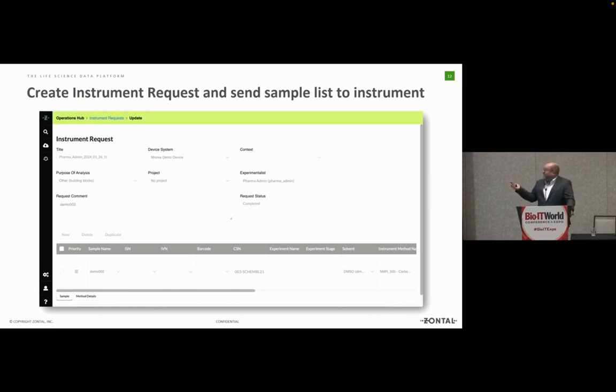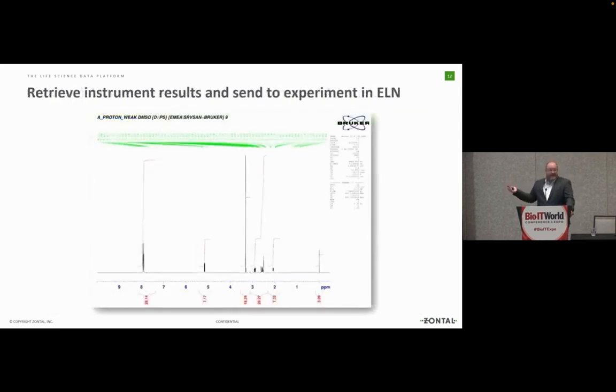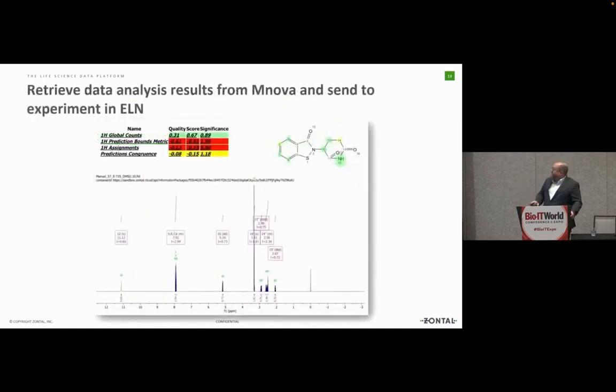What we do here is we actually send it to the NMR. The NMR gives us back, in this case, NMR produces also a PDF, so that's why I put it here. But we also get the raw files from the NMR machine. We send these raw files into MNOVA to say, okay, here is the structure that originally came from the ELN.